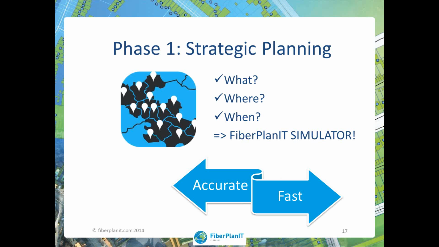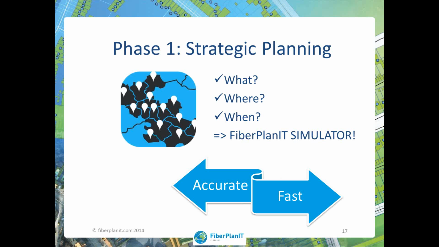So whenever you decide on a coverage, you probably can still be faced with a multi-year rollout, so it still makes sense then also to check which areas you should deploy first and which one only towards the end. Now, all of these questions are very important and also very challenging because you have to make the decisions in a short time frame, so the time to market is short.